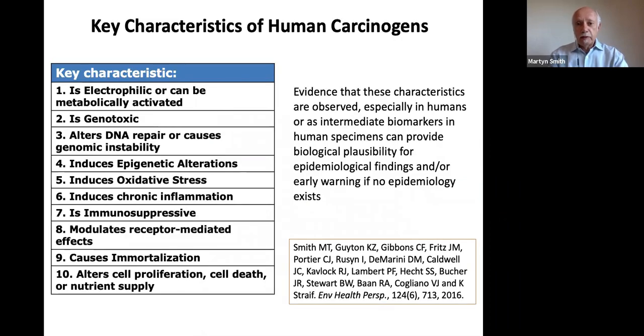So this began really with the key characteristics of human carcinogens, a very large collaboration started by IARC actually as early as 2012, that ended up being a publication in 2016 with multiple authors and produced these 10 key characteristics, which are now known to many people and have been increasingly used.